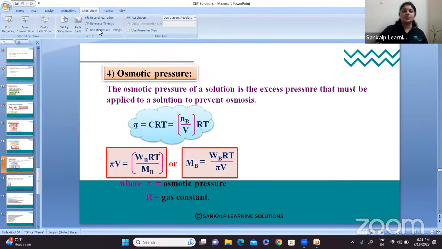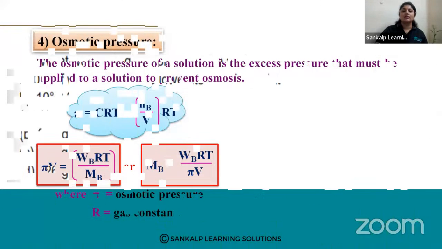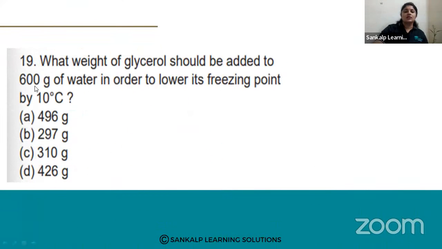Now we'll solve some questions. What weight of glycerol should be added to 600 grams of water in order to lower its freezing point by 10 degrees Celsius? So this is the question. They have asked the weight of the glycerol.